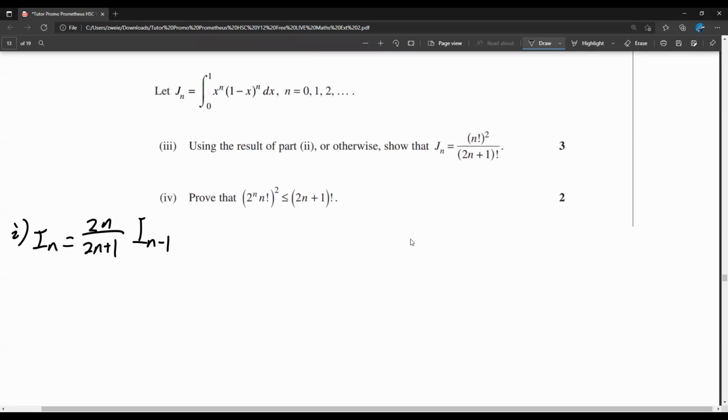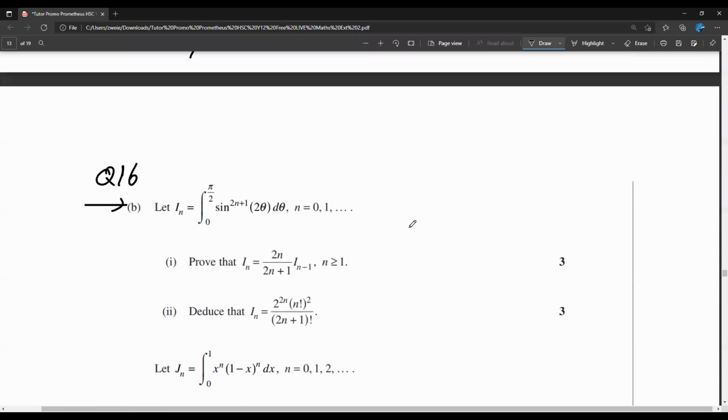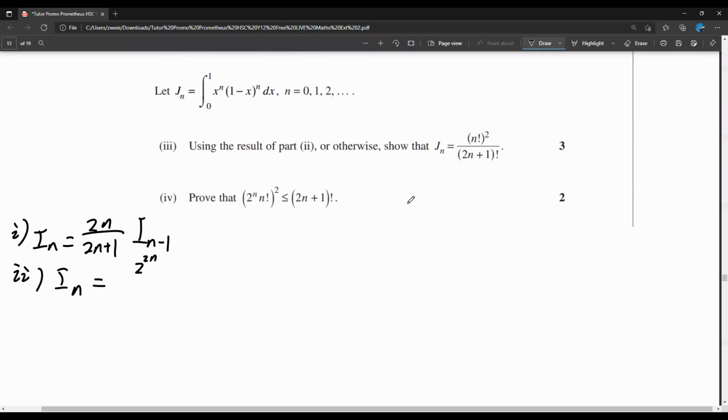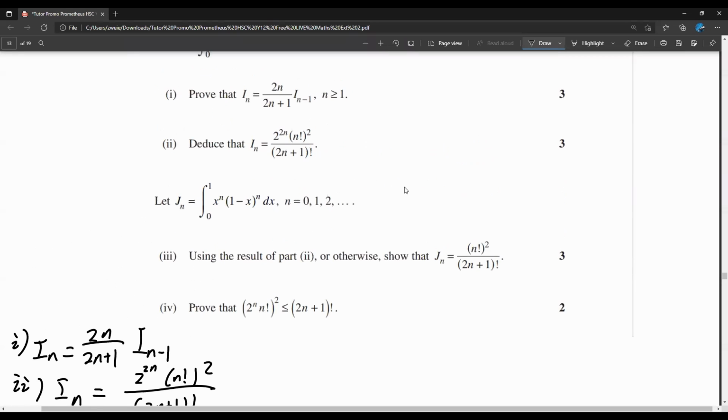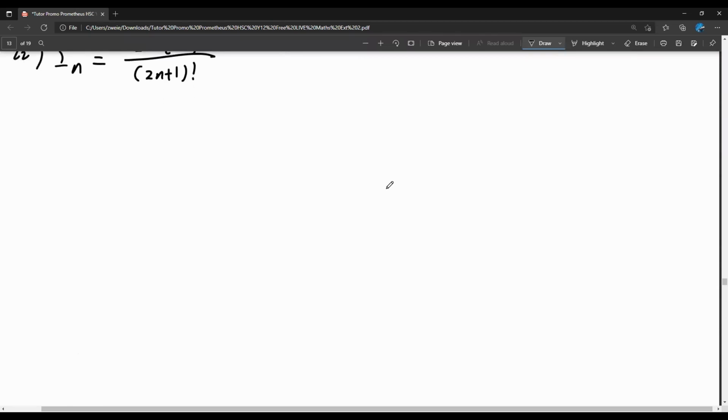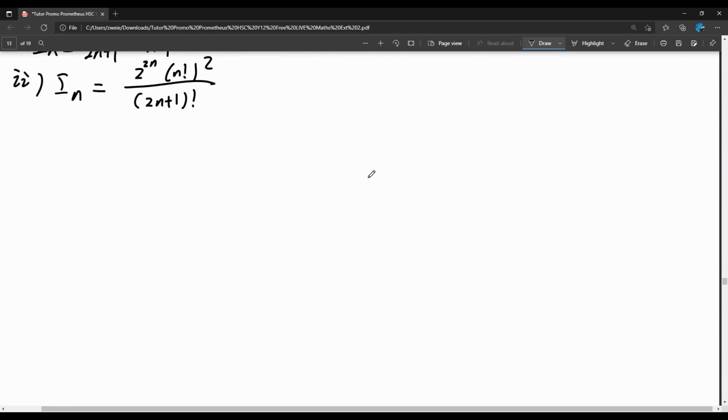So part 2 is asking for In, deducing that it equals 2 to the power of 2n, n factorial squared over 2n plus 1 factorial.